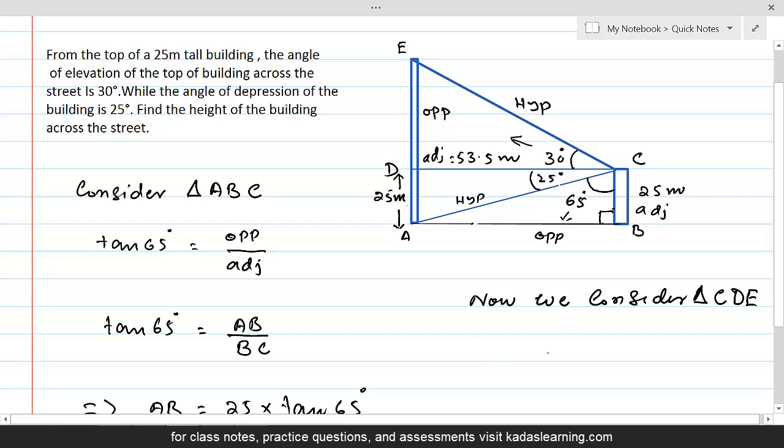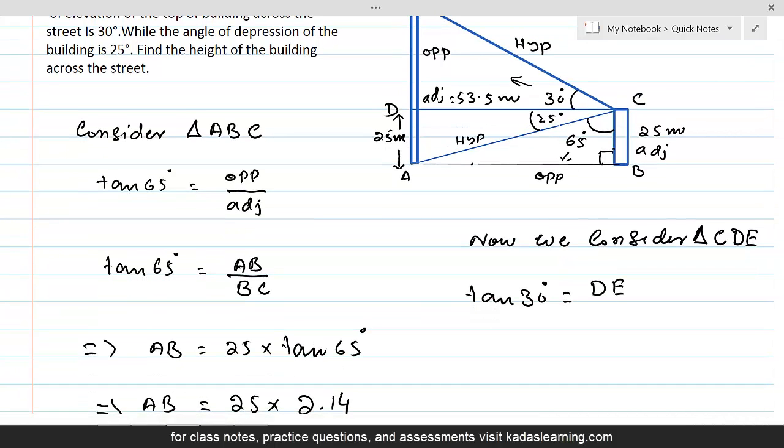So from this triangle CDE, the angle given is 30 degrees. So now we will take tan of 30 degrees. Tan 30 degrees is equal to DE, which is opposite, over adjacent, which is DC.